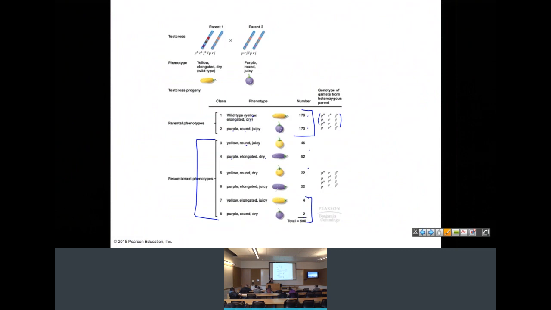So what we can assume from this, we know the parentals, because we know purple, round, juicy, and dry, elongated, and yellow. And the 2 phenotypic classes with the smallest number of offspring represent the double crossover events. And then these 4 here are single crossover events.